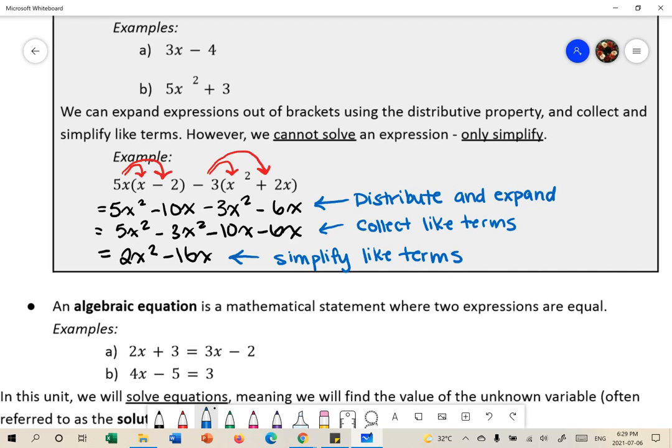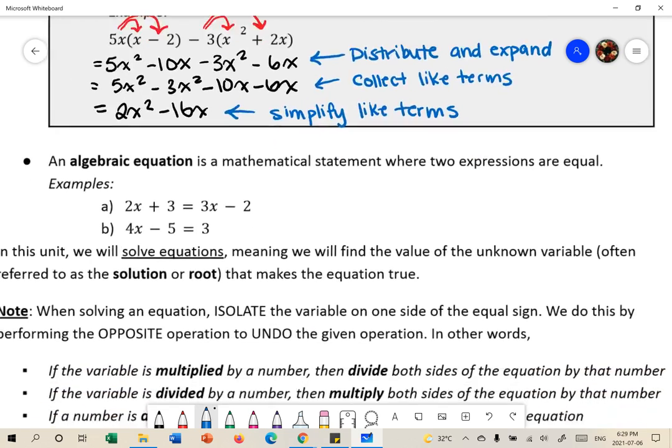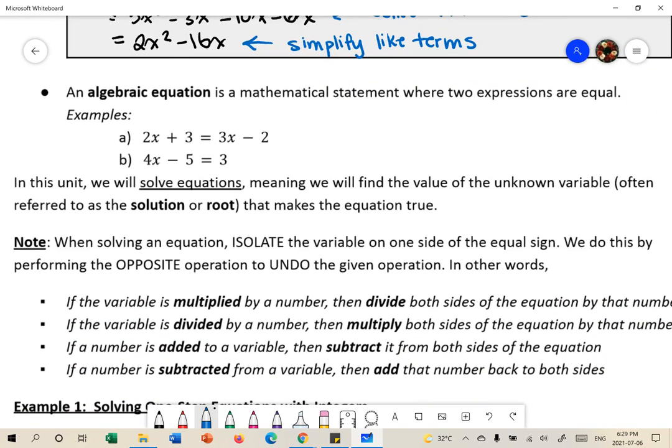By now, hopefully we are comfortable with simplifying expressions. So we simplify expressions and we solve equations.